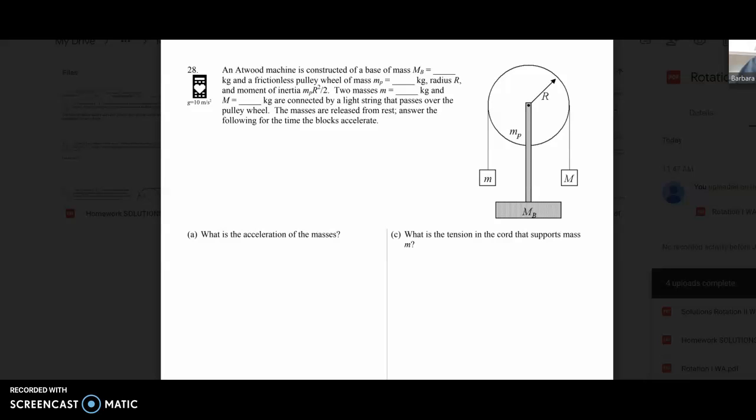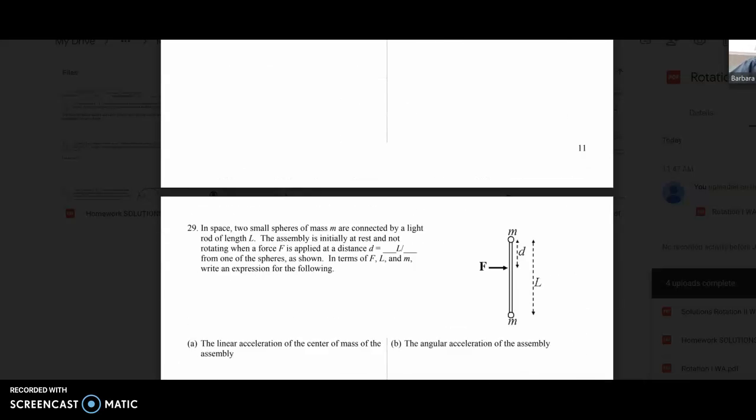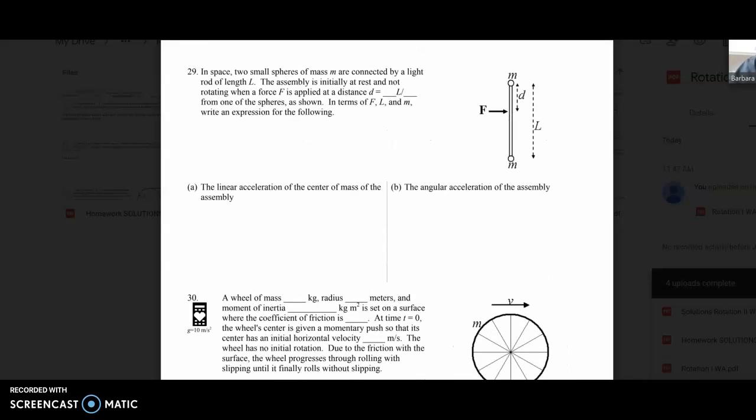And that's going to equal whatever the rotational inertia is times alpha, or times A over R. At this point, you need to go to Newton's second law translationally. And I think I'm going to send you a picture to help with this one. I think I'll just send it in Remind. I think it'll just be more effective. So moving on, let's look at 29 real quick.